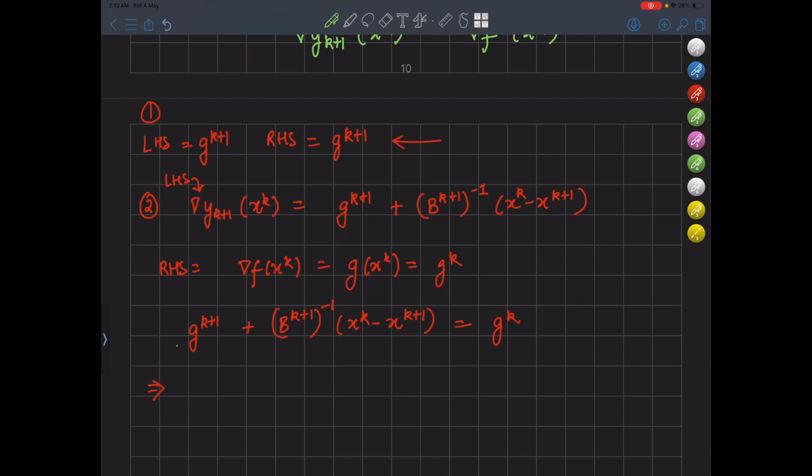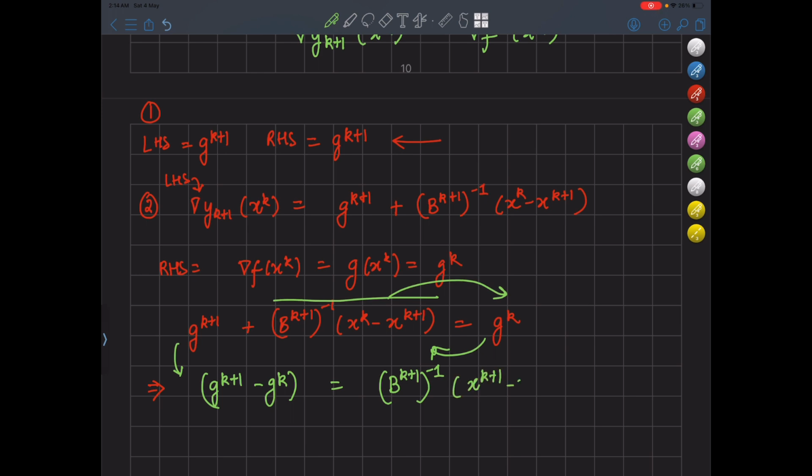This converts to gk plus 1 minus gk. I bring it to this side and send the whole to the other side. So this will become bk plus 1 inverse times xk plus 1 minus xk.